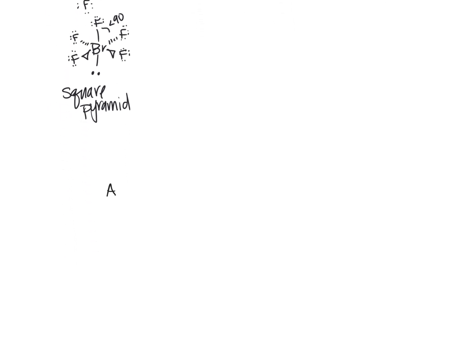So if we have the AX6 and the AX5E, followed by the AX4E2, AX3E3. So in this case, for our base octahedral, we have our A in the center, followed by the 6.